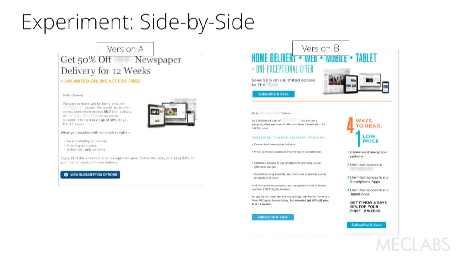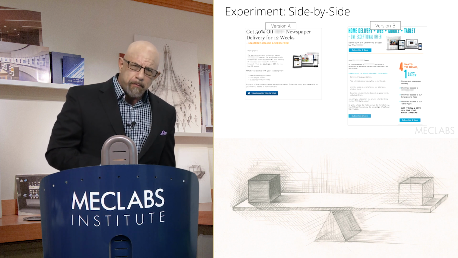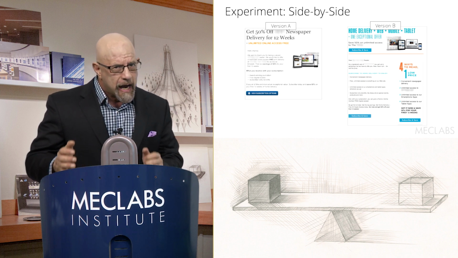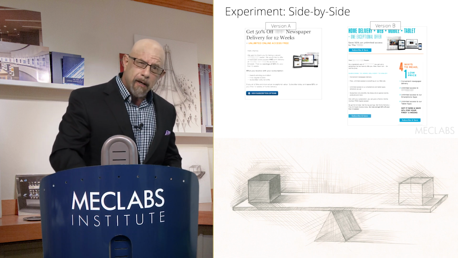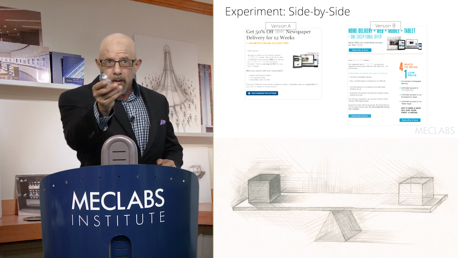Now, once you've done that, I want you to notice that when you made that choice, it was based on a decision, and that decision was based on a set of observations. Now, I'm going to show you what happened here.